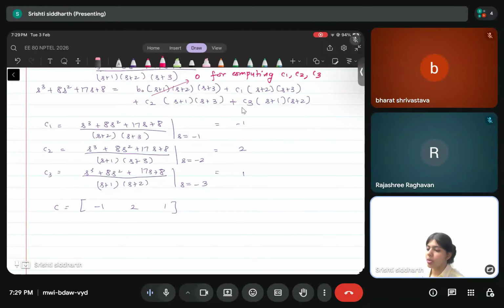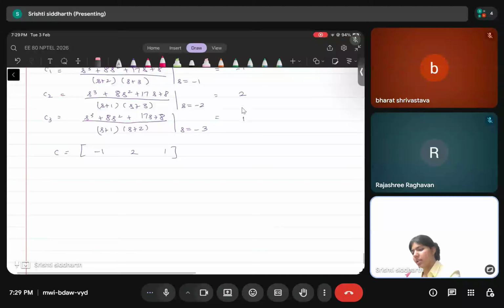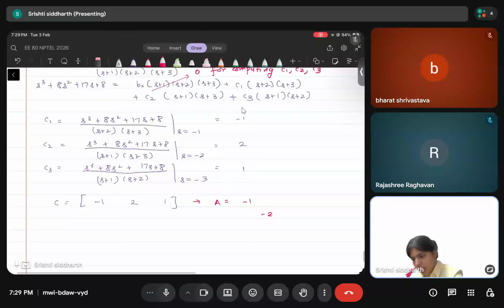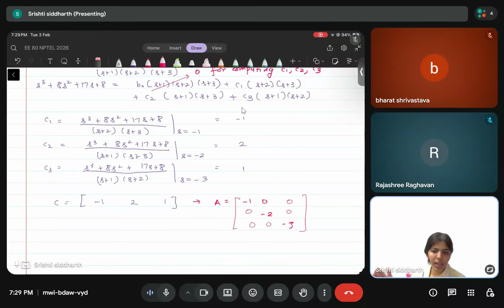Alright. So one thing to observe is that when we write A as -1, -2, -3, we have actually chosen that lambda equals -1 is the first eigenvalue, then -2 and -3.